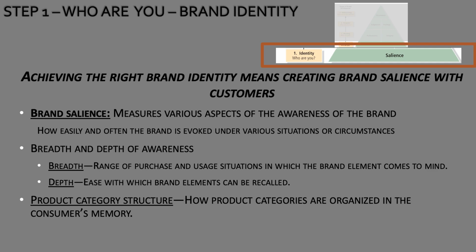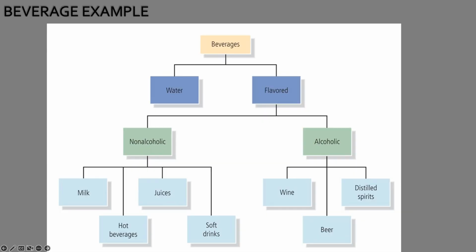The product category structure is really how that customer understands what we are and what we have to offer. So let's take a look at that. We did start with this last week. If we think of a beverage example, the beverages are here, the water's on this side, the flavors on that side. That's a beverage example of how our products are organized.